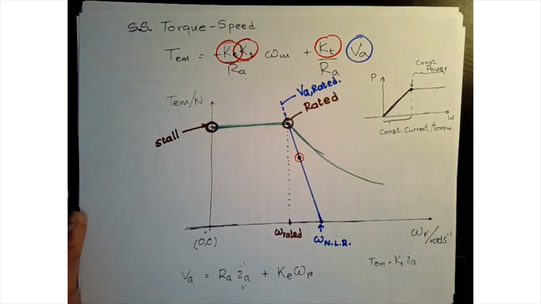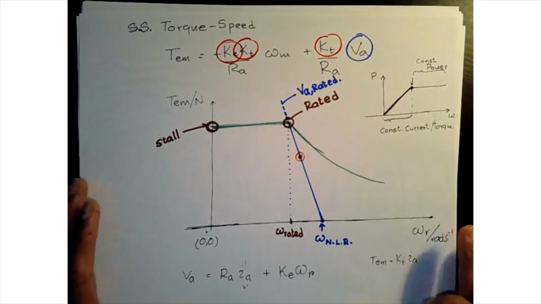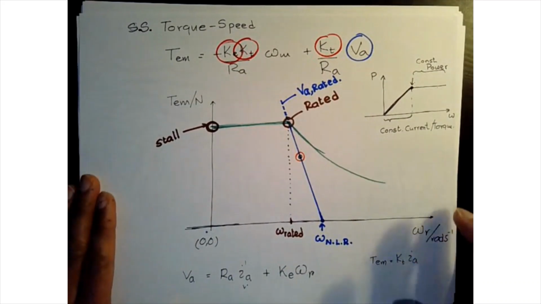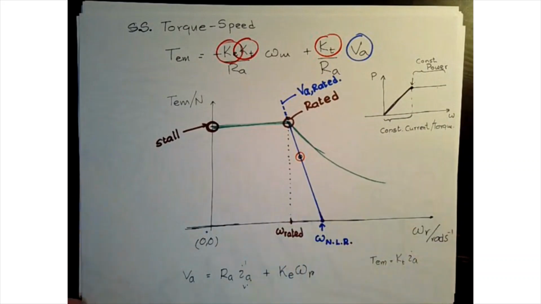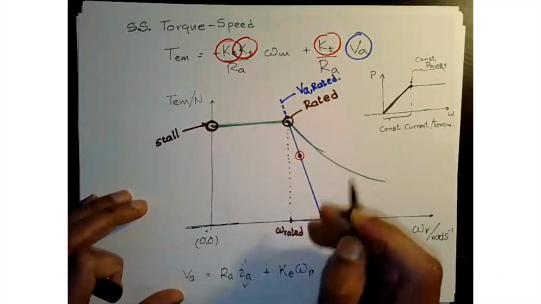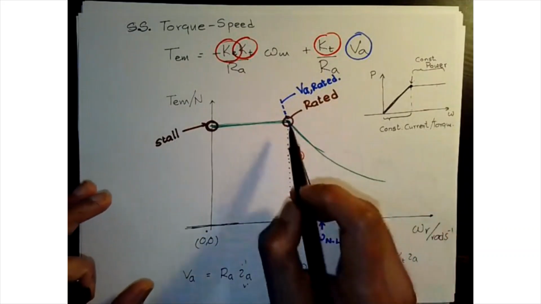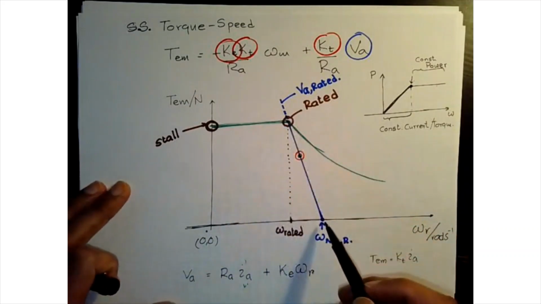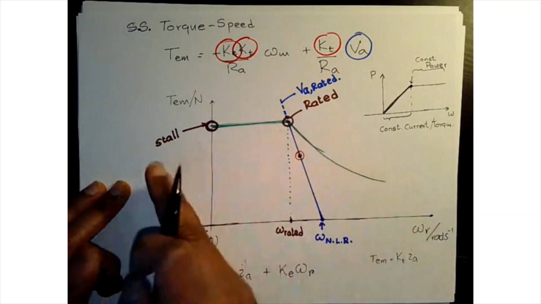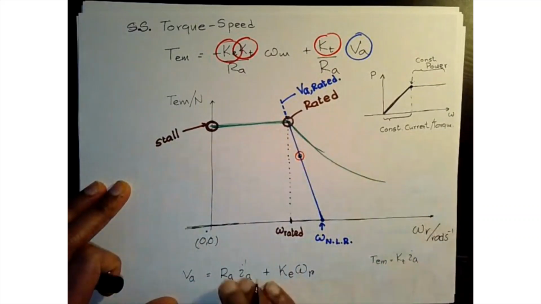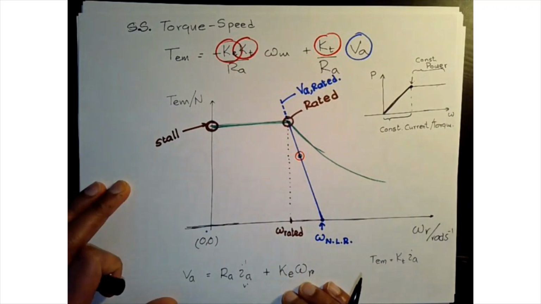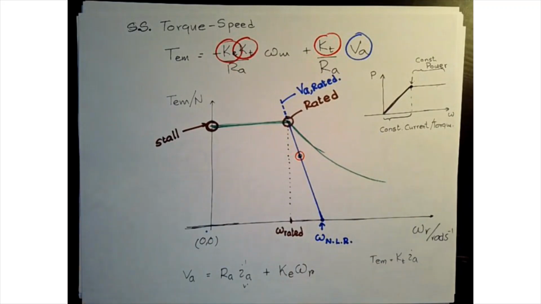If we don't do anything else for these parameters, we cannot go beyond this because we are capped at our rated voltage. We are at the maximum torque. This line won't let us go beyond that because we don't have energy to go, right? So what can we do now?